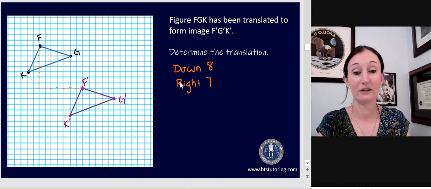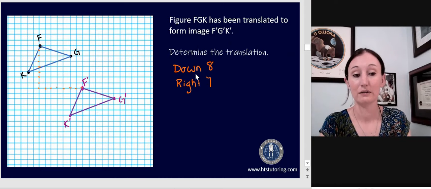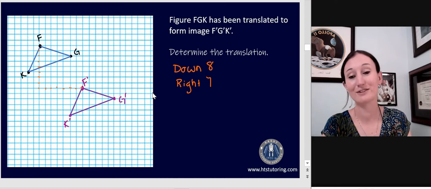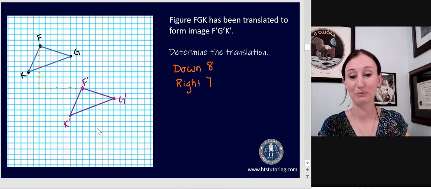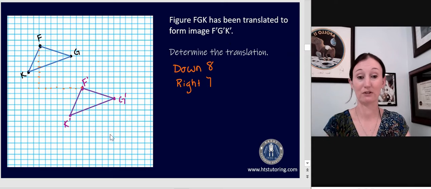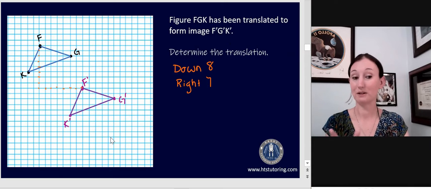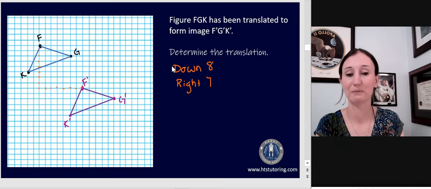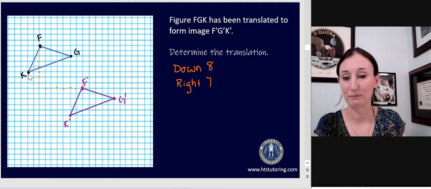Now let's try K. Let's make sure that one, we counted correctly, and two, that all the other points have been translated the same amount. Because if they haven't been translated the same amount, then you don't have a translation here. This has been translated, but let's make sure that they did it right. So, from K to K prime, we're going 1, 2, 3, 4, 5, 6, 7, 8, down 8. 1, 2, 3, 4, 5, 6, 7.